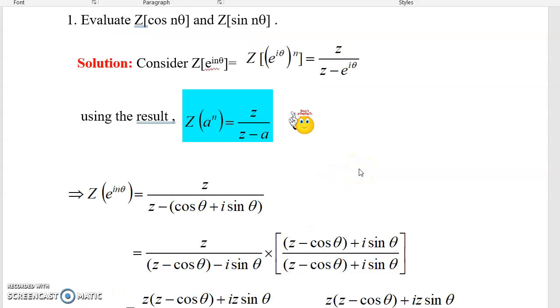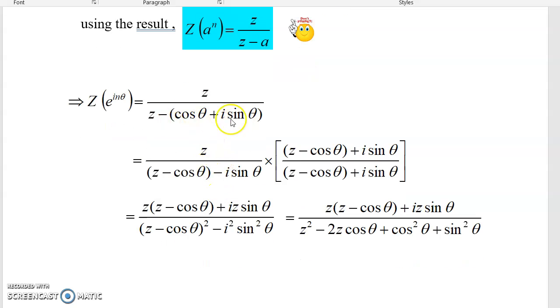Now in the next step, write this e power i theta as cos theta plus i sin theta. We all know that. And so this is cos theta plus i sin theta. Now taking the negative sign inside, z minus cos theta minus i sin theta. And since the complex term is there in the denominator, usually we multiply and divide by the conjugate.